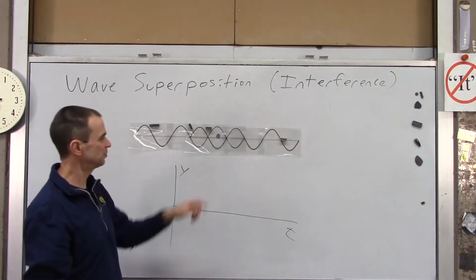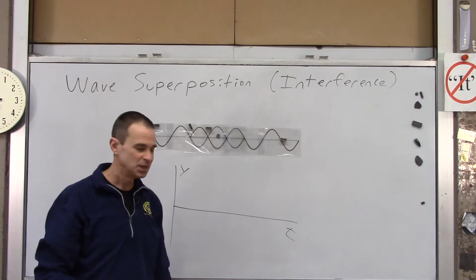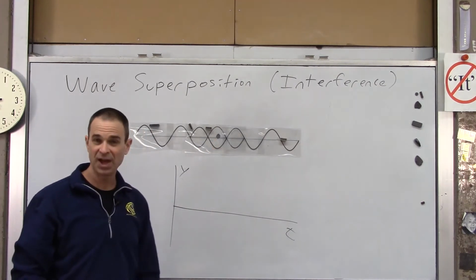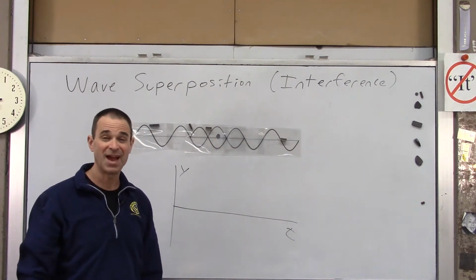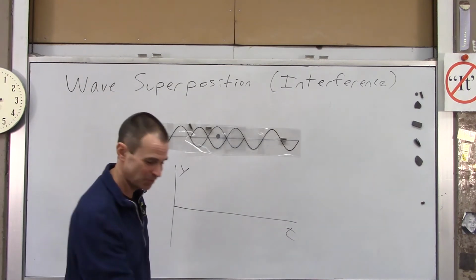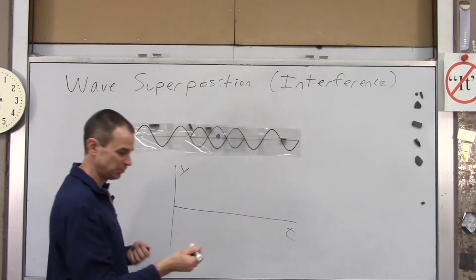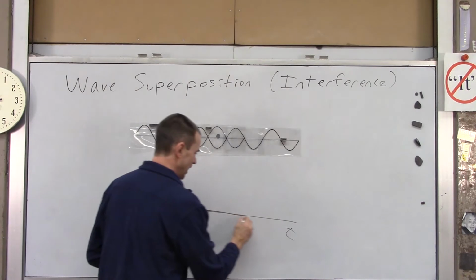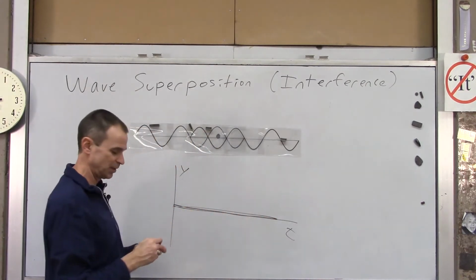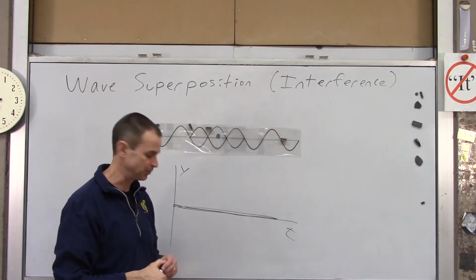You'll notice we have a crest meeting a trough again. So what's going to happen to this bobber over time? It's going to be absolutely stationary. If you were graphing this, it would be pretty boring. You'd have a graph on the t-axis, horizontal, never moving, because the bobber never moves up or down.